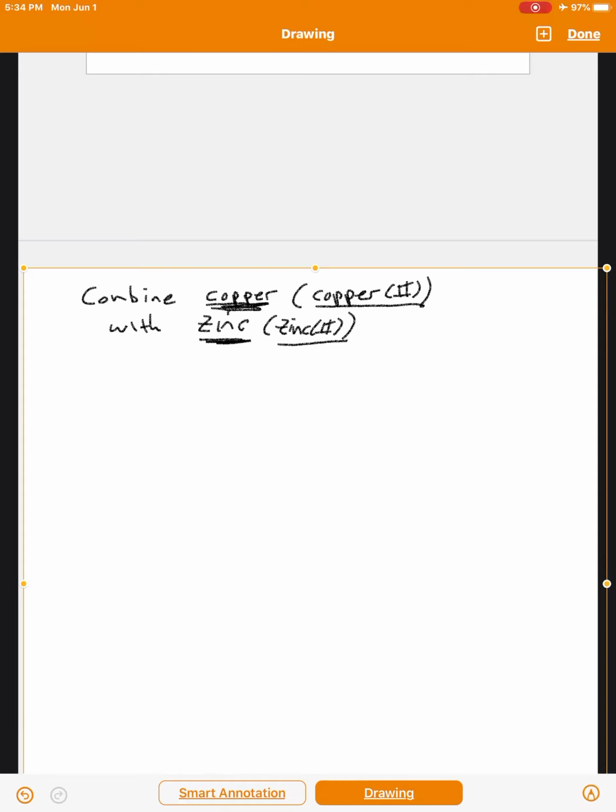What I'm going to do is I'm going to analyze it. One, let's calculate the cell potential under standard conditions. The cell potential is the standard reduction potential of the cathode minus the standard reduction potential of the anode.